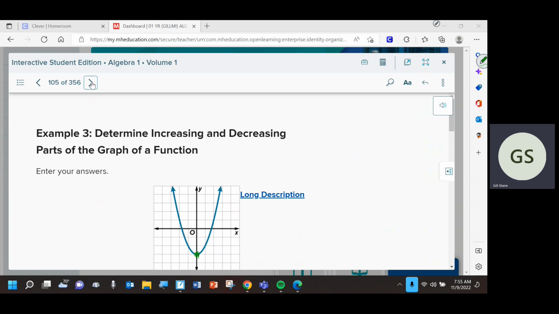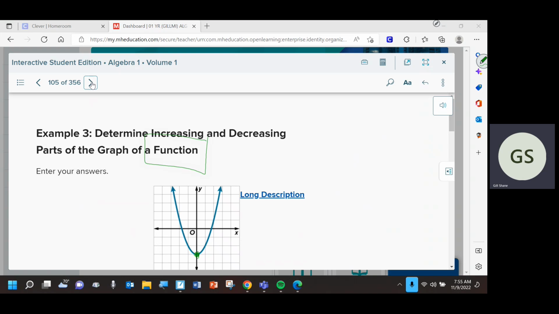Now, here's the tricky part. This is whether or not the entire function is increasing or decreasing, or I should say, where is it increasing and decreasing? We're going to also learn what's happening with the endpoints. Are they increasing and decreasing? It's two different things.